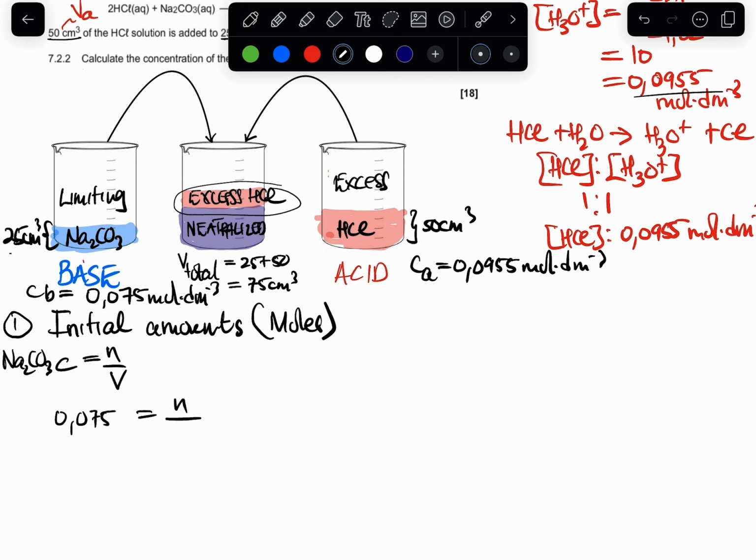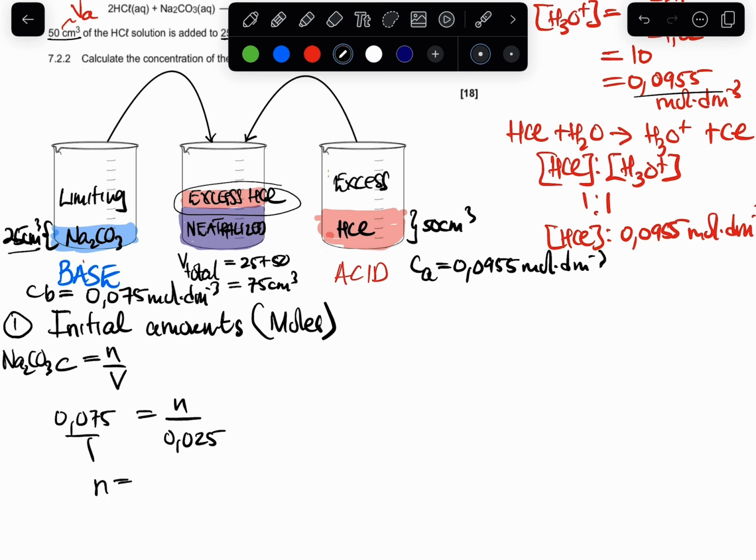The volume there is 25. When you divide 25 by 1000, it needs to be cubic decimeter. So it's going to be 0.025. And then when we cross multiply there, the answer will be the number of moles.